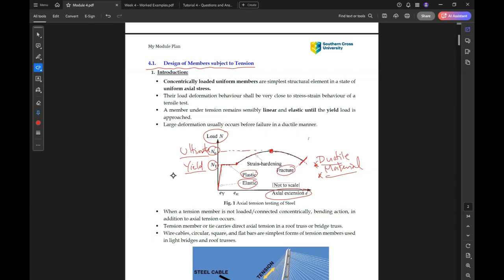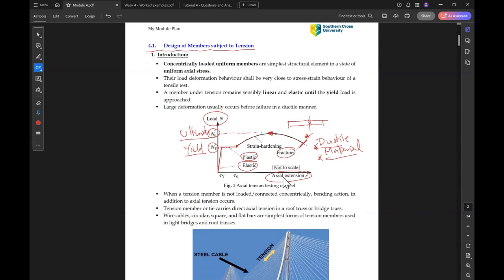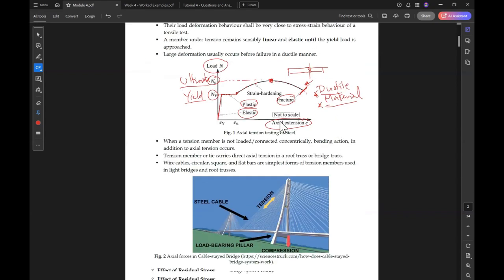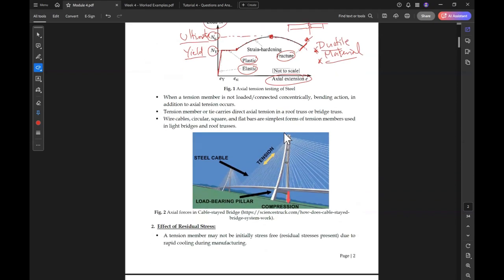At this stage, the steel has fractured. This is represented by this point. So this is the behavior of steel under tension. I think we have talked about this before. Here is an example in this figure: axial forces in a cable-stayed bridge. As you can see, this is a type of bridge.